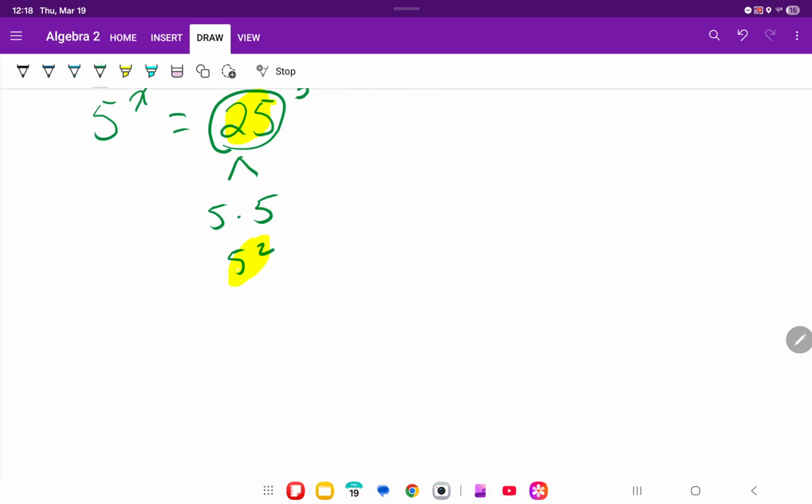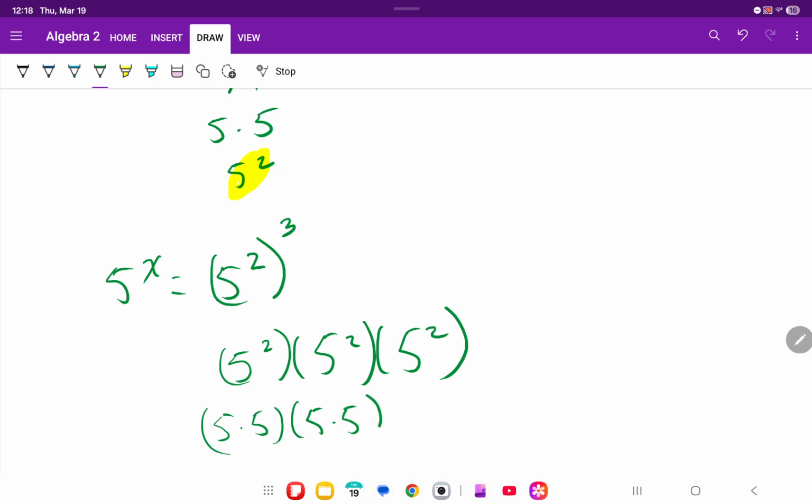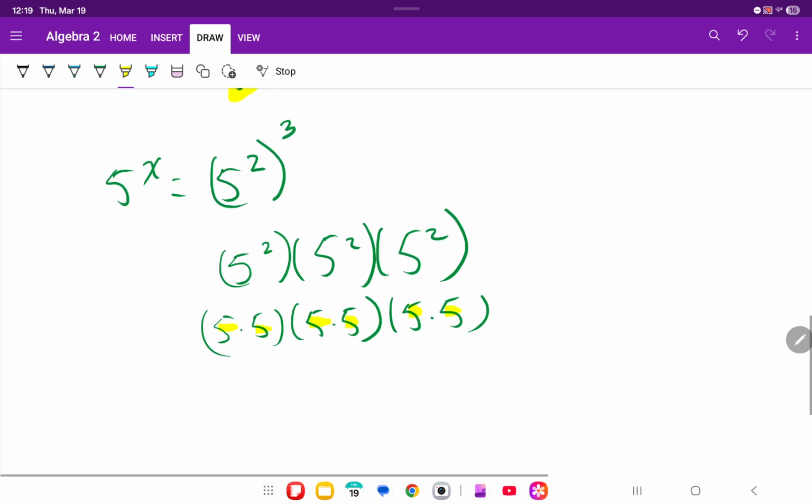So again, we have 5 raised to the x power equals 5 squared, and then that's going to be cubed. So if I was to expand this out, we would have 5 squared times 5 squared times 5 squared, because that's 5 squared cubed, and that would be 5 times 5 times 5 times 5 times 5 times 5, which gives me 1, 2, 3, 4, 5, 6 5s.